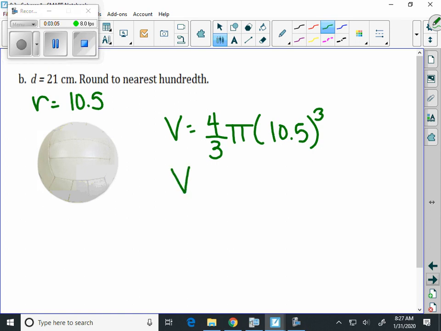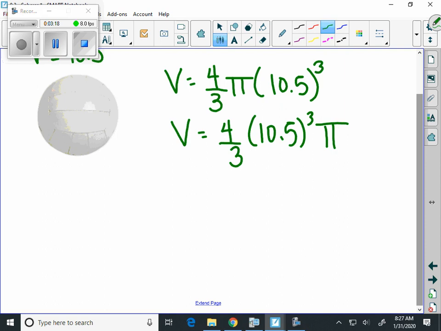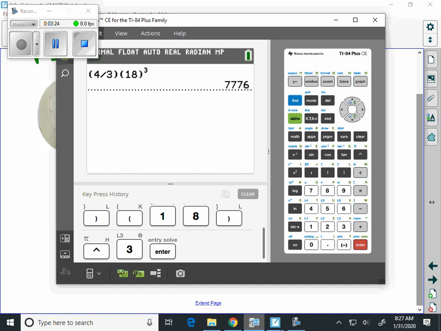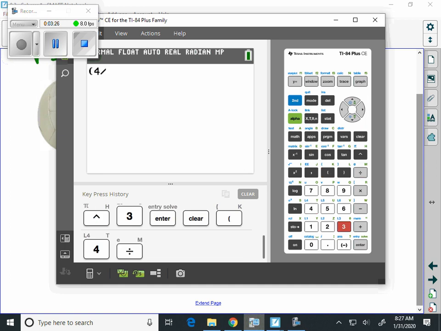When we type it in, I'm going to type in 4/3 times 10.5 cubed, and then I'll put the pi back into the answer. Although it says round to the nearest hundredth, so I don't even need to do that. But here's what I'll type in: 4 divided by 3, times 10.5 cubed.